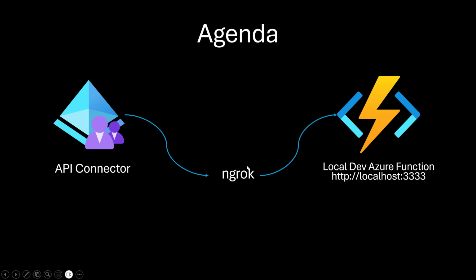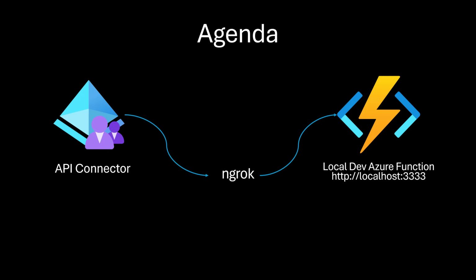You can set up this thing very easily and straightforwardly. I will show you in a moment. Then B2C will communicate with ngrok, and ngrok will redirect the request to your local Azure functions. So that's an overall idea of everything we want.